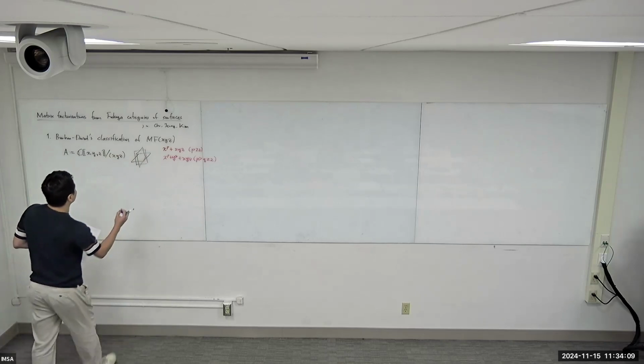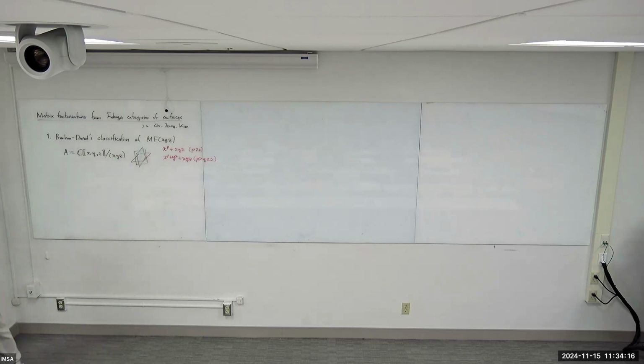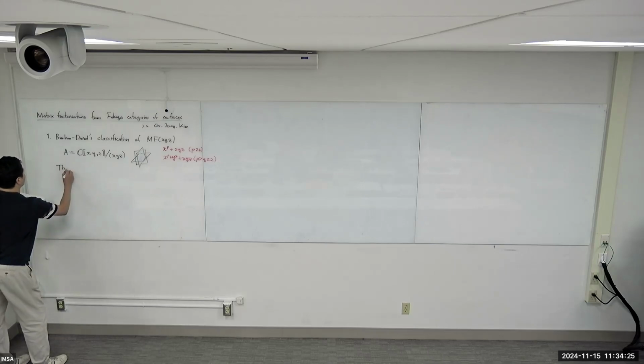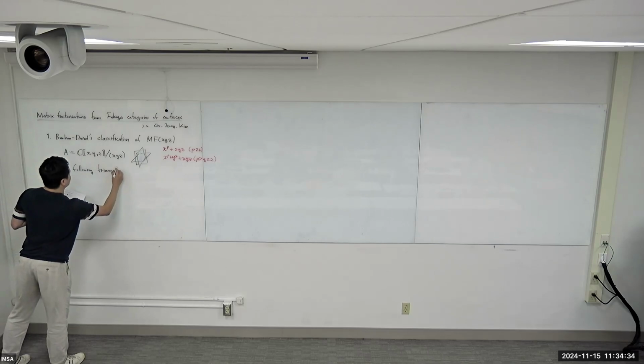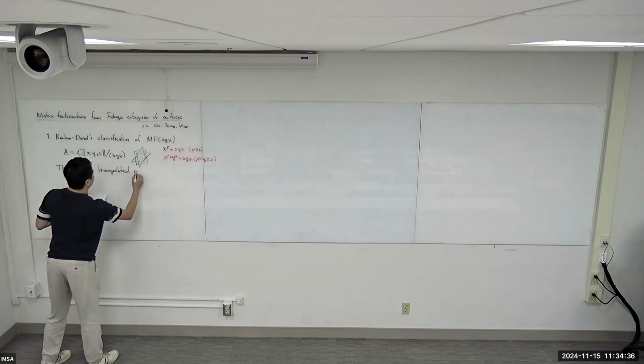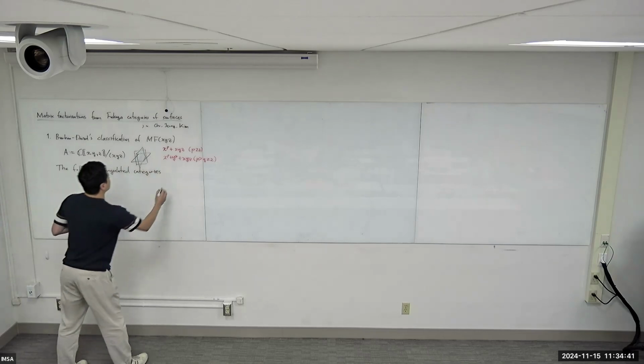The singular locus looks like this, a union of three affine lines. And related to this singularity, we can associate many interesting categories, especially triangulated categories, which all turn out to be equivalent.